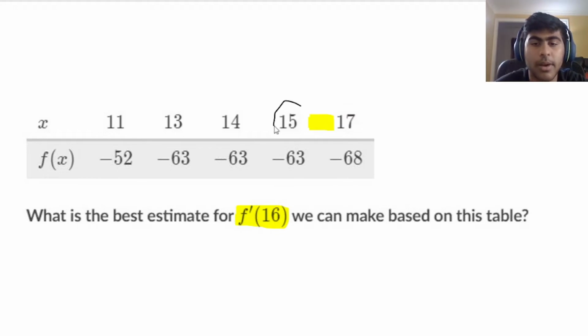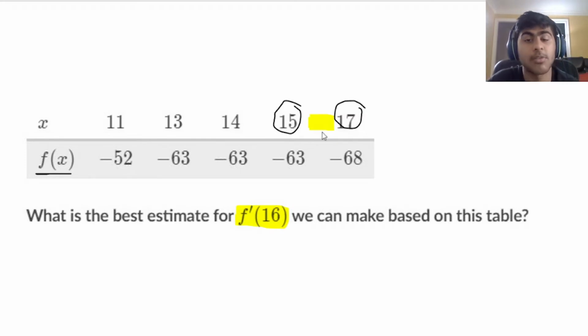We're told about x equals 15 and x equals 17. And we're given the f of x values for each of these. And if we can find the slope between x equals 15 and x equals 17, that could be the common slope from x equals 15 to x equals 17, and that would also be the instantaneous slope at x equals 16.